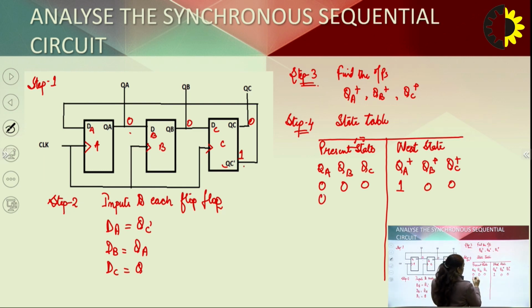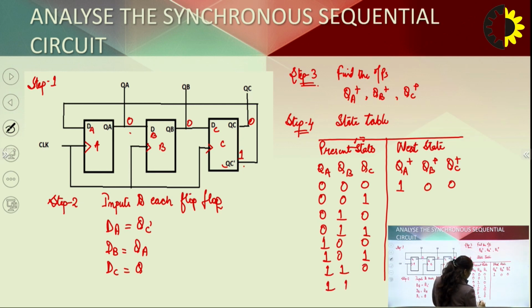So let me complete this table first. 0 0 0, 1 0 0, 1 1 0, 1 1 1. Okay. So now from 1 0 0 state, it is now at this state.